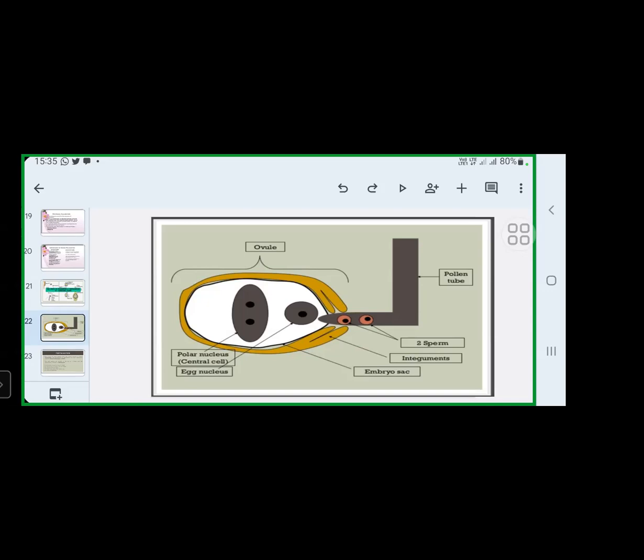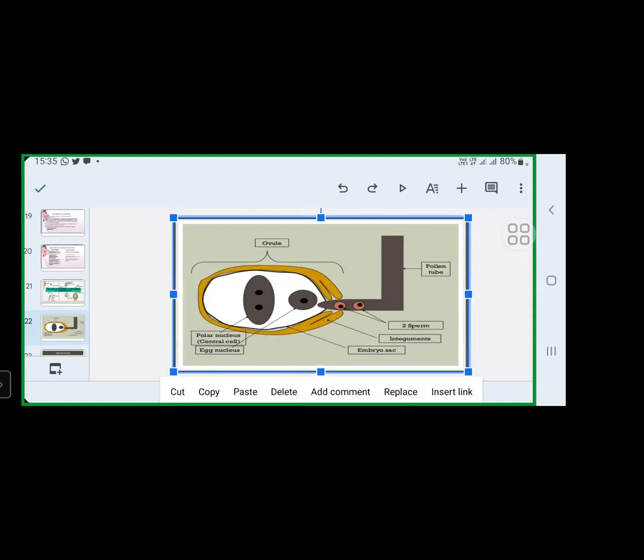You can observe this is the complete ovule and the pollen tube. 2 sperms come from that. One will attach to the egg cell and the other comes to the center part, the 2n state. We'll come back to that.